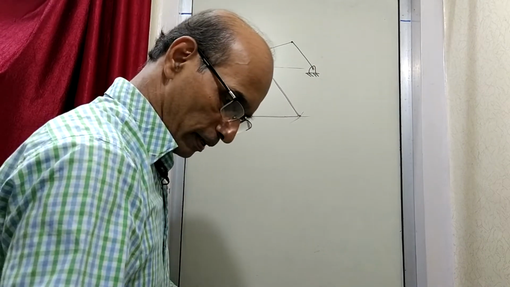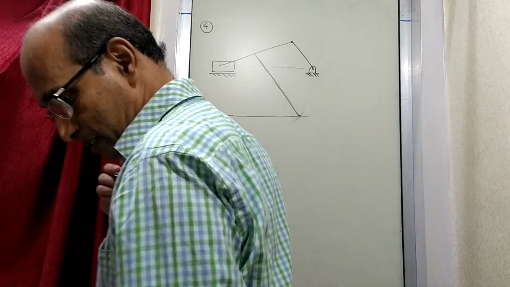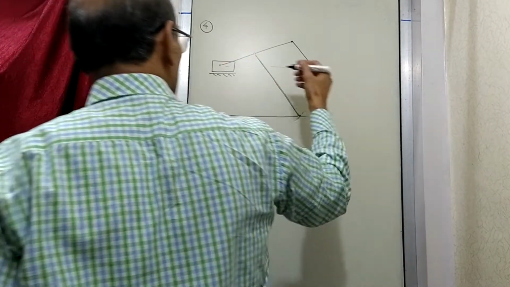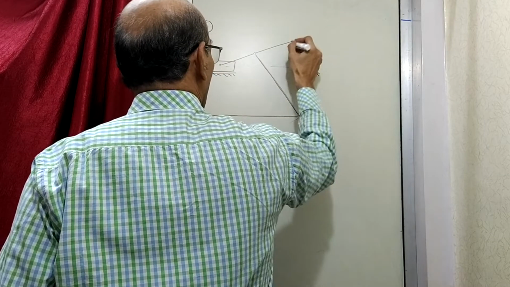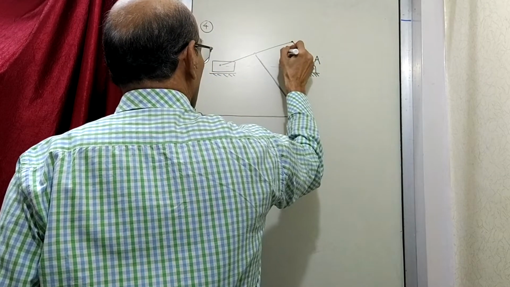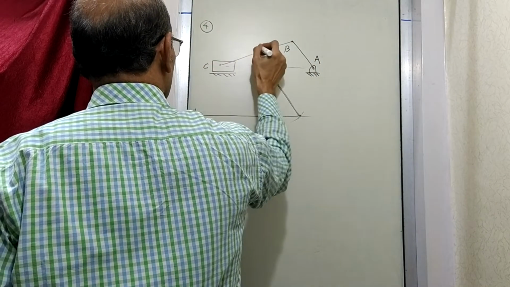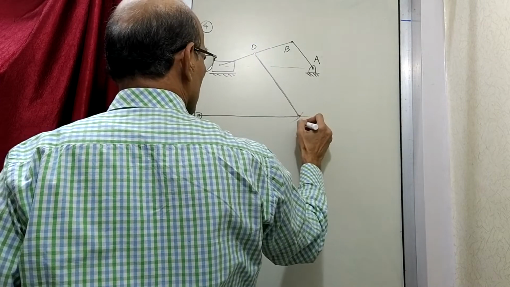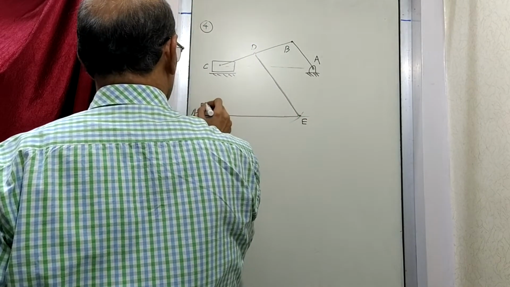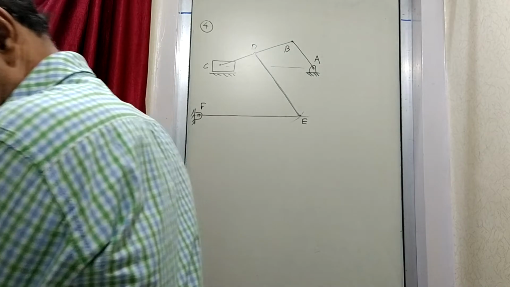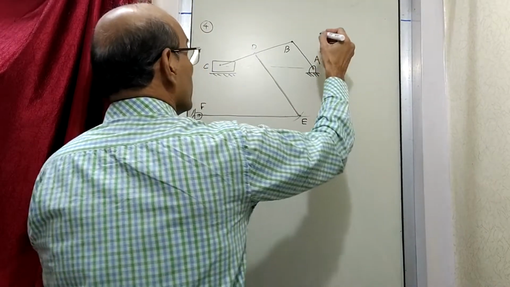So this is the mechanism that is given. Then the points are named like this: A, B, C, D, and F. The distances are given.